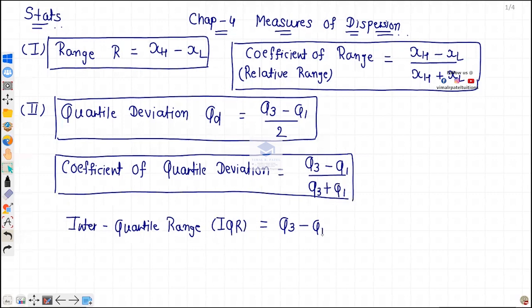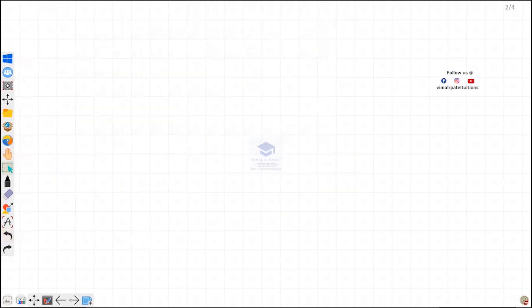To find out quartile deviation, you must know how to find quartiles. The third chapter. So just a recap.